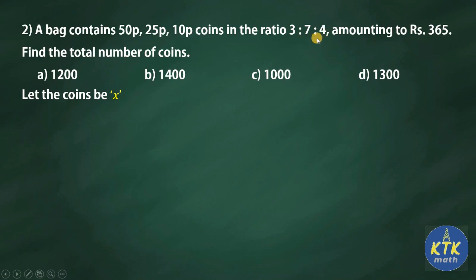So totally how many parts are there? 3, 7, 4. So 3 plus 7 plus 4, 14 parts. If I am assuming the coins as x, then 50 paise coins will be 3 out of 14 x. That is, out of 14 parts, 3 parts are 50 paise coins. In the same way, 25 paise coins will be 7 by 14 x.